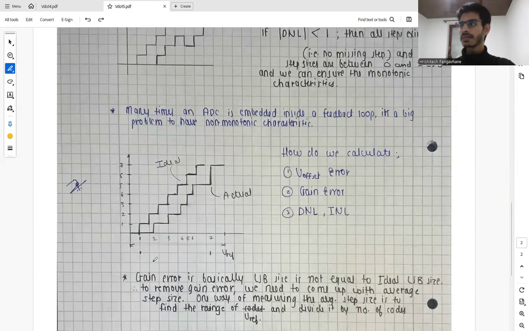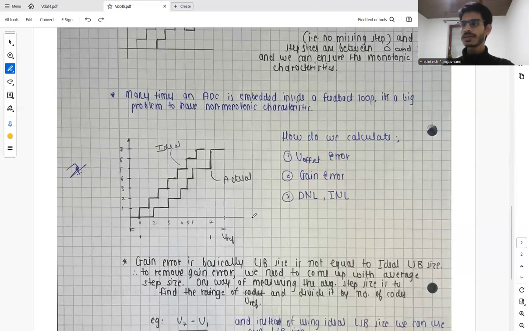So how do we calculate, or talk about, DNL and INL? To come across the values of DNL and INL, we first need to fix the offset error and the gain error. Gain error is nothing but the LSB size not being equal to the ideal LSB size.